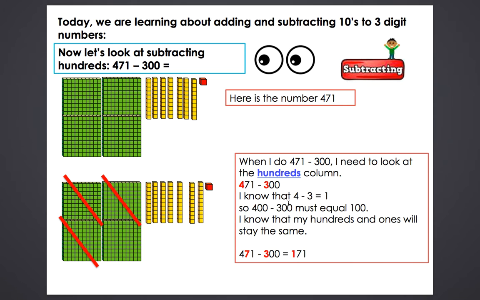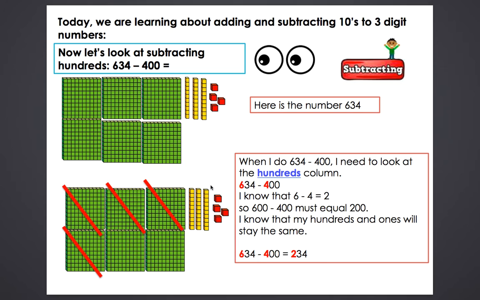So 400 take away 300 must equal 100. And I can see that I've got 100 here. Okay, my tens and my ones have stayed the same. So my overall answer is 171.